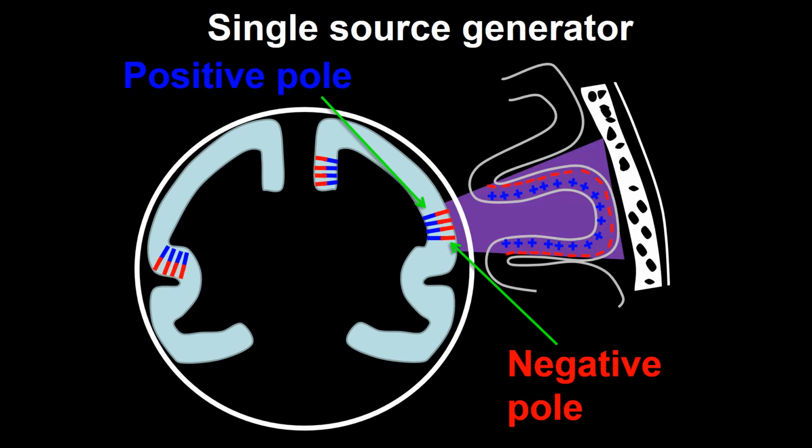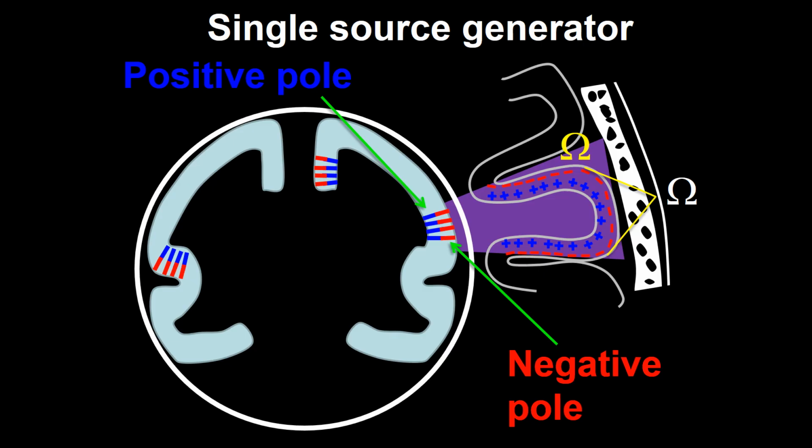A third assumption is that the dipole or dipoles generating the scalp potential are always perpendicular to the brain surface. And the fourth assumption is that at least one of the recording electrodes is in a position capable of capturing the electrical field produced by the generator.